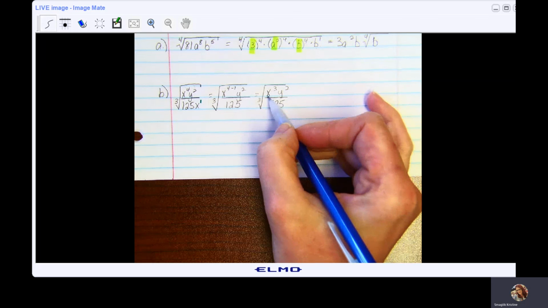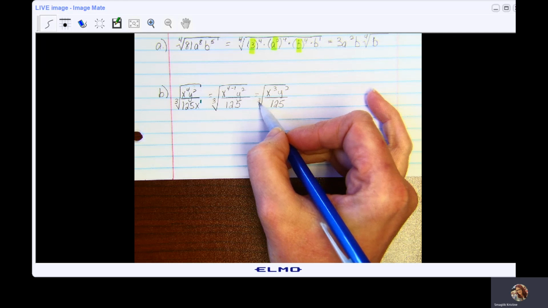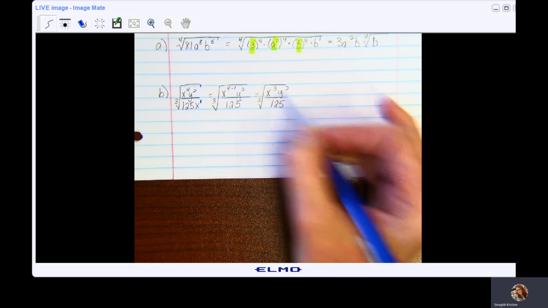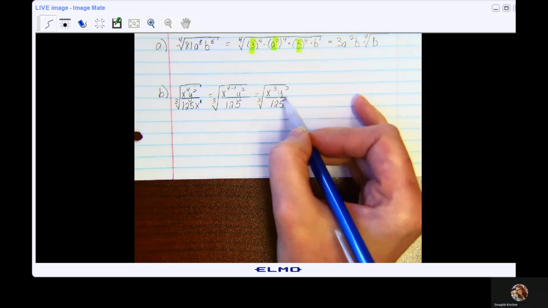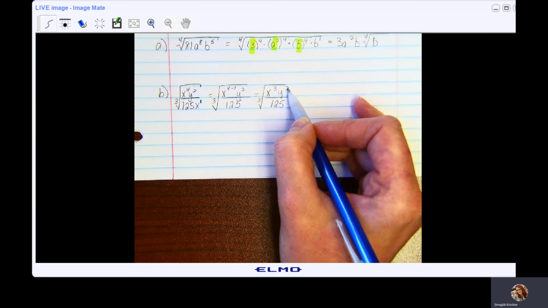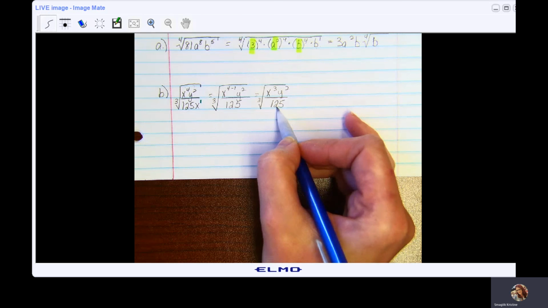So I already have an x to the 3rd. This root, the index, is going to cancel out the exponent. This x is going to be able to leave the radical. Y is squared. Okay, this cannot leave the radical. If this would be y to the 3rd, it could, but y squared is going to have to stay in the radical.